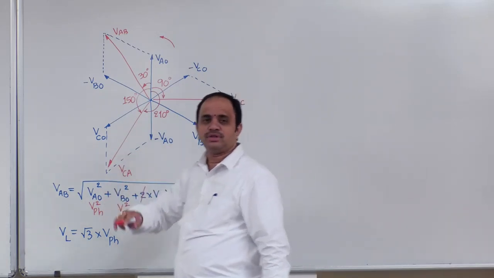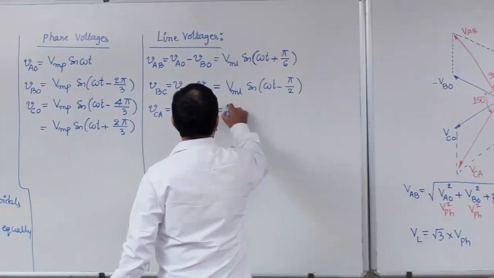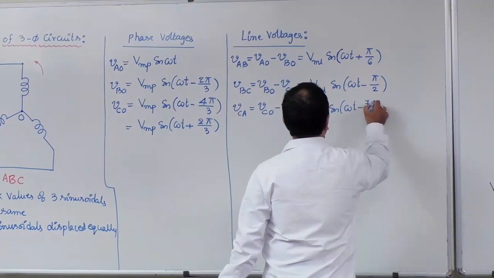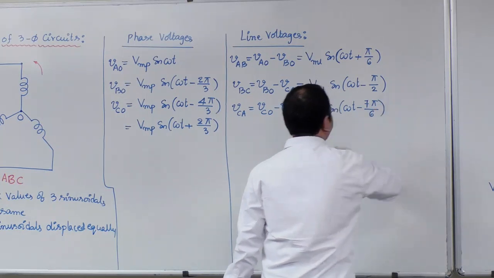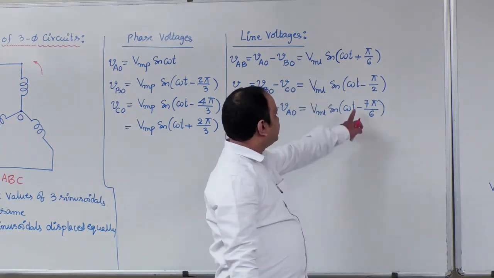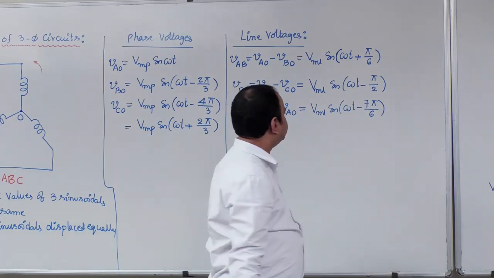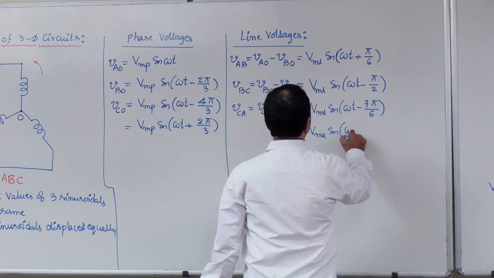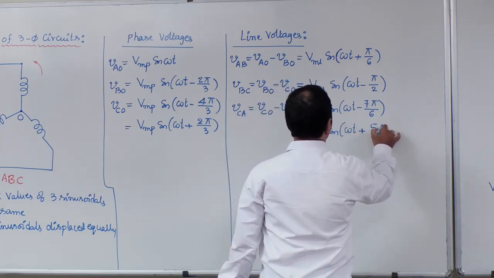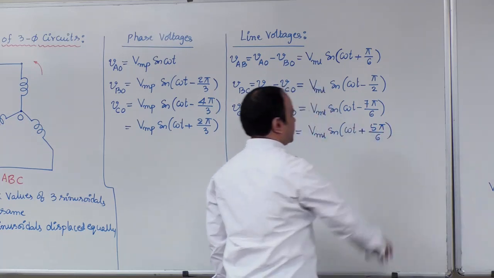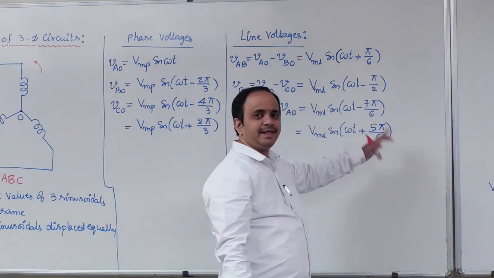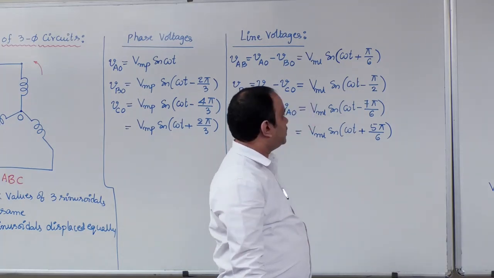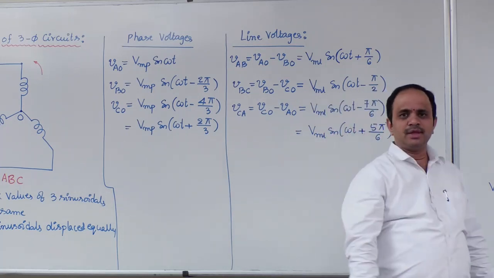Let us write down both forms: VML sine of omega t minus 210 degrees. How can you write 210? 7 into 30, where 30 means pi by 6. In other words, VML sine of omega t plus 5 pi by 6, 5 into 30, leads by 150 degrees. So this is the line voltages' representation.